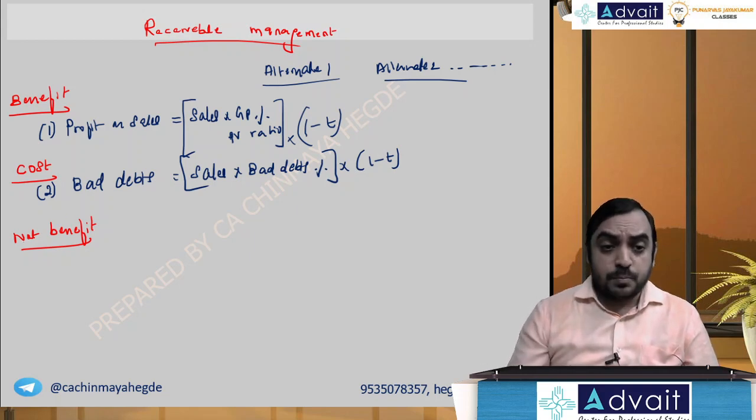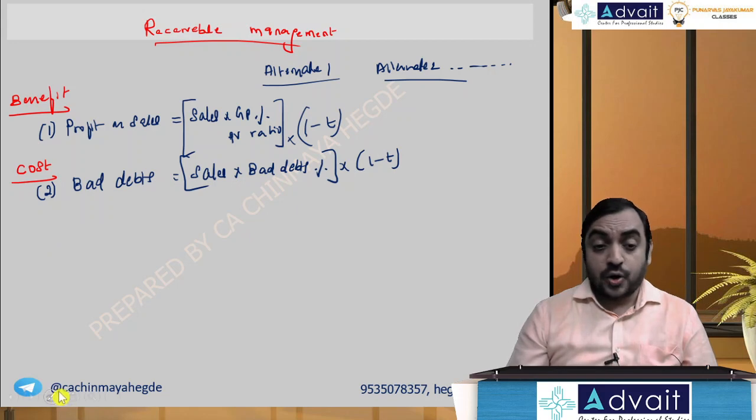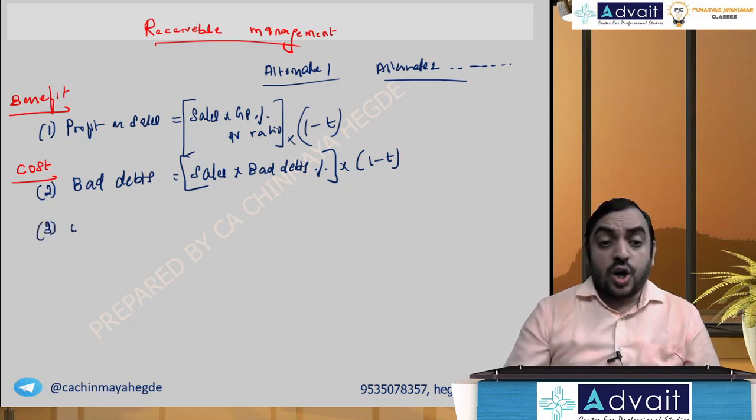And most importantly, this one, my dear friends, very, very important. Many people make this mistake. This third one, or the second cost here, opportunity cost on debtors.